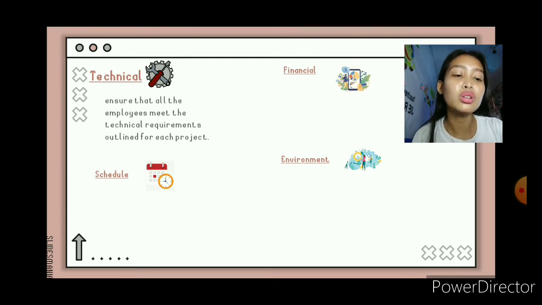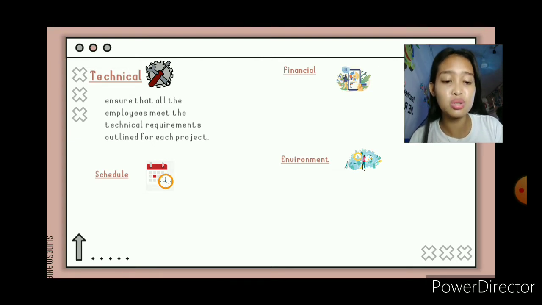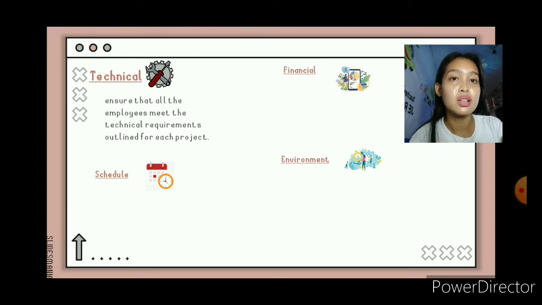Without technical operations, the company will struggle to achieve its goals and deadlines. Example, if there are any problems in the system, you cannot meet the requirements and also the deadlines. So that is the technical aspect.